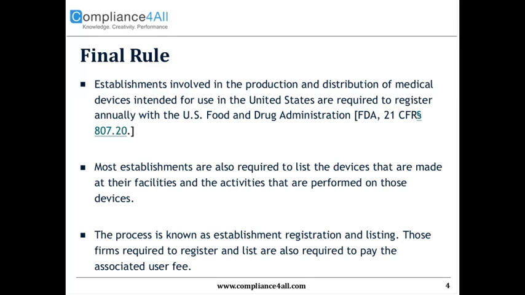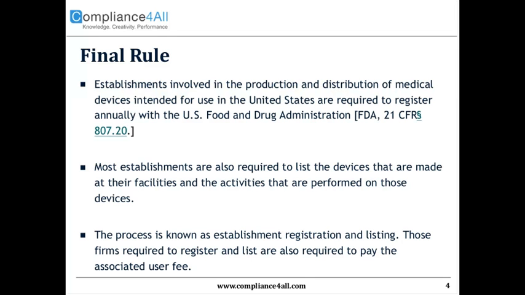From a historical perspective, for those who are new to the establishment registration process, establishments involved in the production and distribution of any devices intended for use in the U.S. are required to register annually in accordance with 807.20. No surprise, and this is non-negotiable.